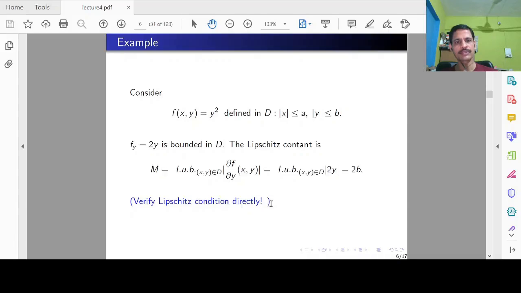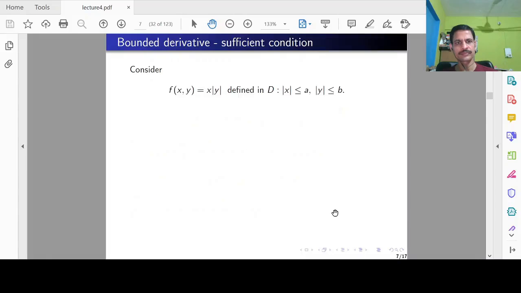In that method also, it turns out that m is equal to 2b. Note that the existence of bounded derivative is a sufficient condition. That means even if a function satisfies Lipschitz condition, that does not imply that the partial derivative of f will exist and will be bounded.